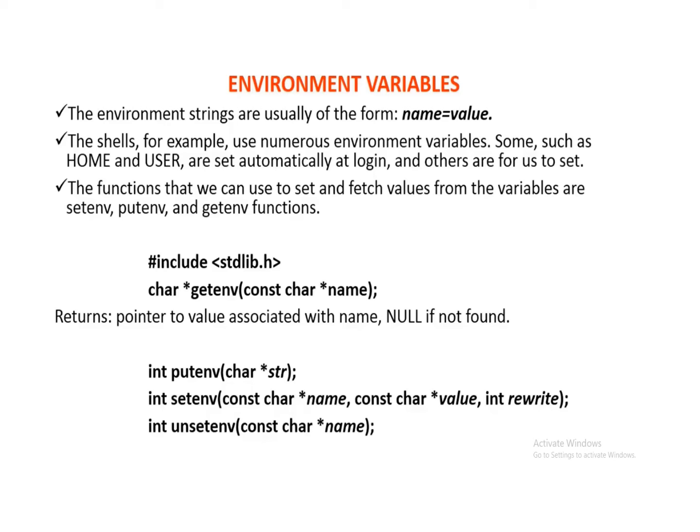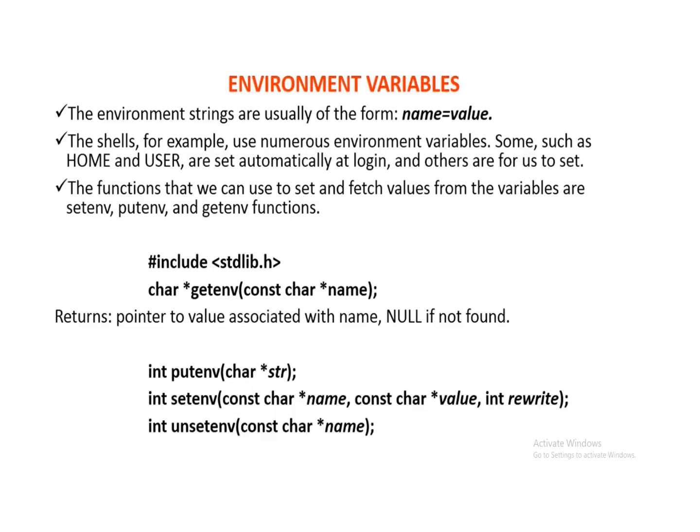Next, environment variables. The environment strings are usually of the form name equals value. The shell, for example, uses numerous environment variables. Some, such as HOME and USER, are set automatically at login time and others are for us to set.